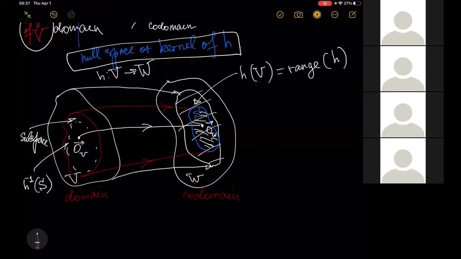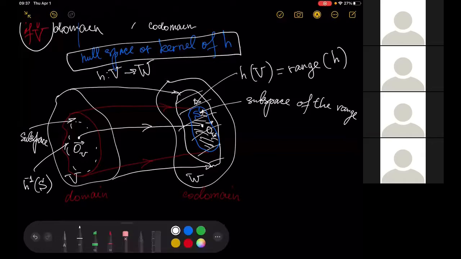So then the statement is that this is also a subspace. So S was a subspace of the range, and then the inverse image of this is also a subspace. And in particular, we know that the 0 vector is mapped to the 0 vector.